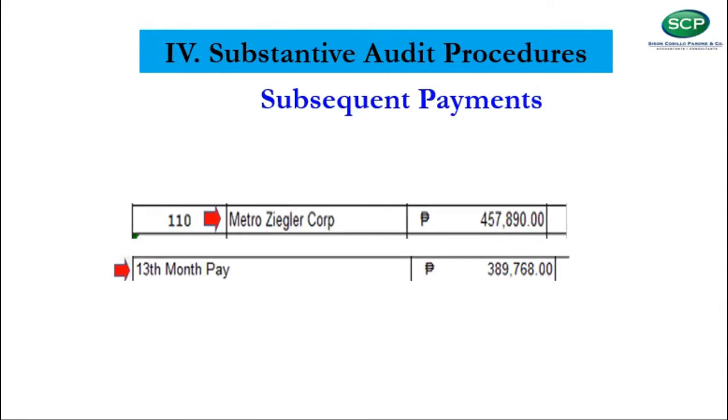For the Metro Ziegler Corp accounts payable balance as of December 31, 20 CY, we will need to inspect the source documents such as suppliers' invoices, receiving documents, and/or billing statements to verify whether the obligation is valid and recorded in the appropriate amount. So since walang subsequent payments, then we should examine yung source documents, kung paano siya na-set up.